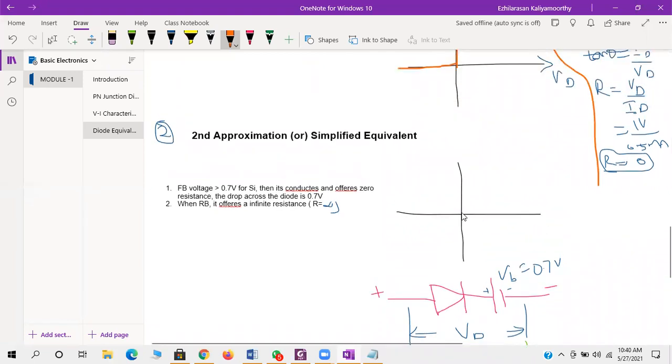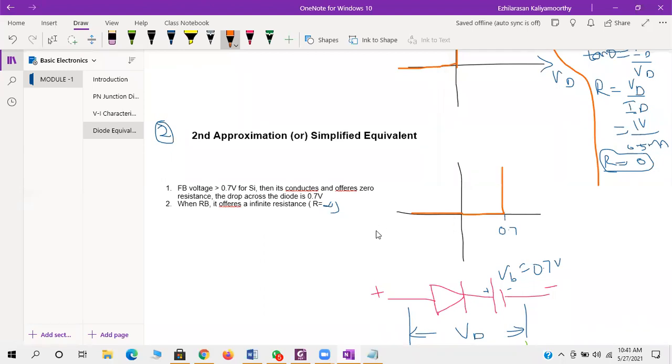So I will get the diagram like this. This is the place, 0.7. This will be your I. I hope you have got it now. See, this will be infinity because of your reverse resistance being infinite. If it is infinite, it goes like this only.